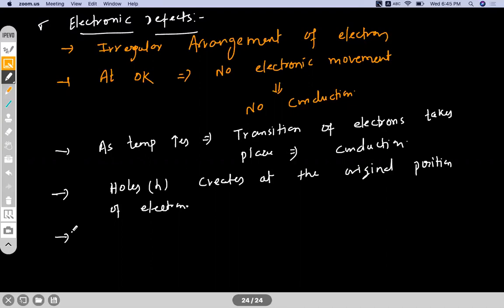Both electrons and holes give rise to electronic imperfection.